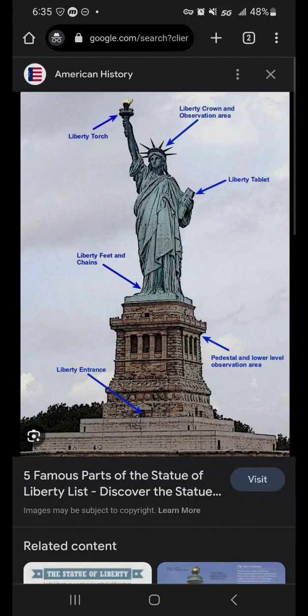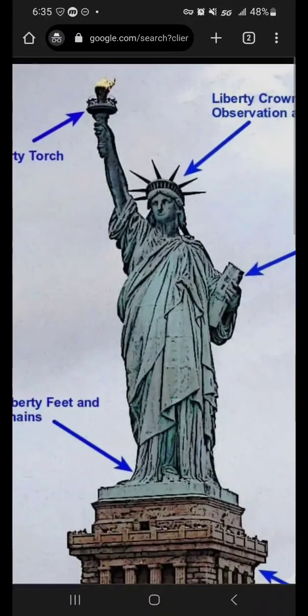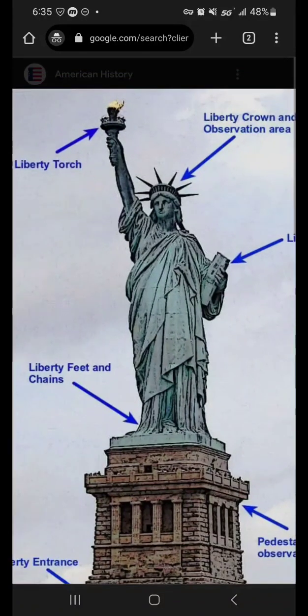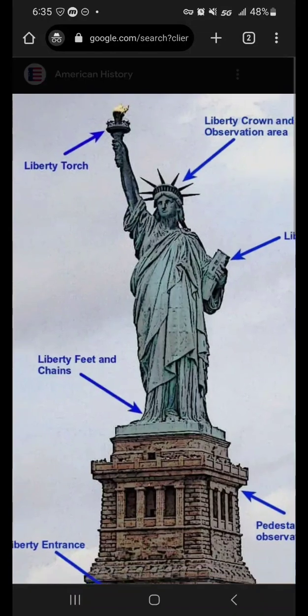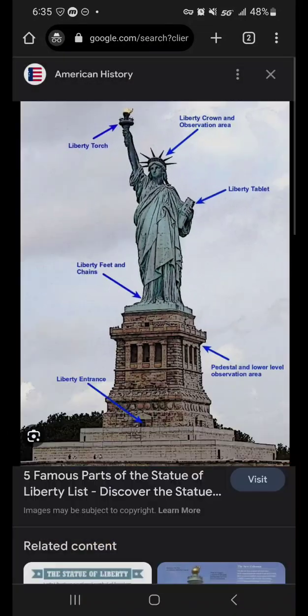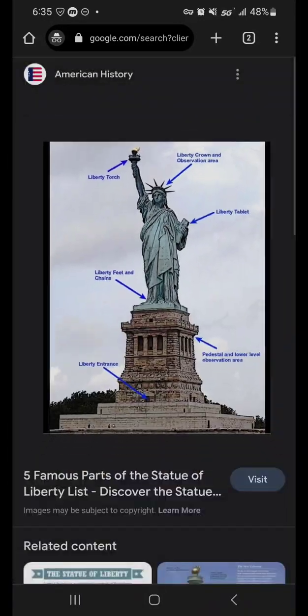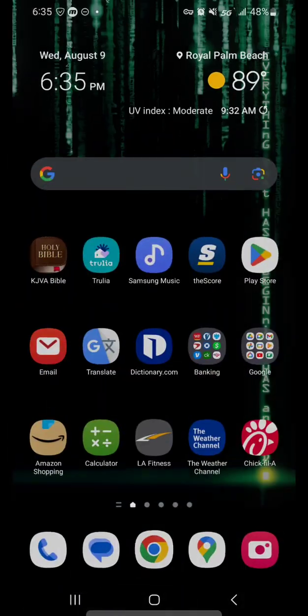If I could zoom in, even though it's portrayed as a woman, this statue has no curves in its hips, no breasts, none of that, man. Strong jawline. It's a hermaphrodite.